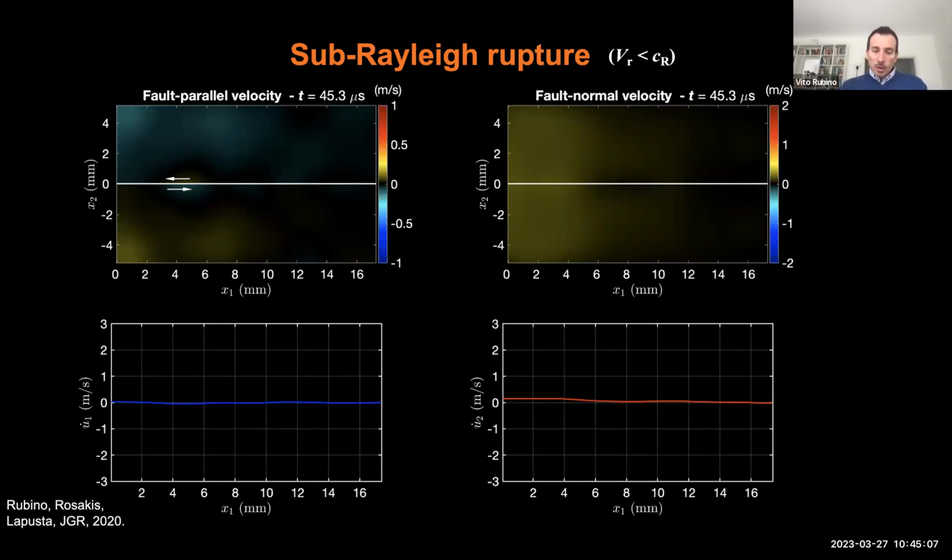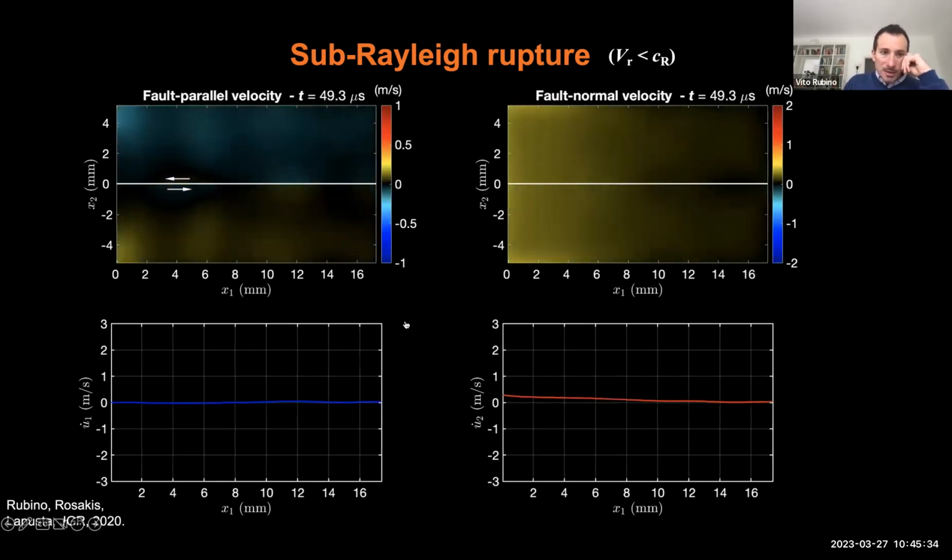Now, I'd like to show you a sequence of images obtained during the propagation of a sub-Rayleigh rupture. The panels shown here indicate the particle velocity in the fault parallel and fault normal direction on the left and right-hand side, respectively. The scale is in meters per second, and the panels at the bottom indicate the same quantity plotted along the interface.